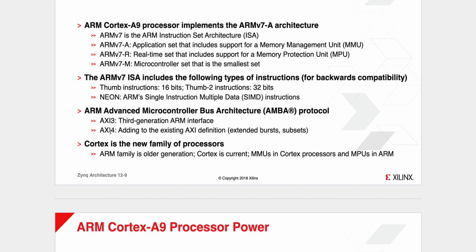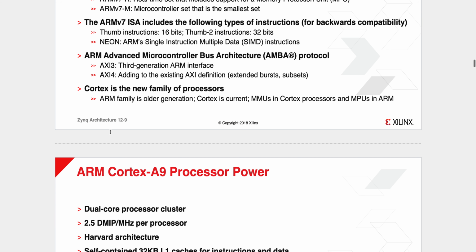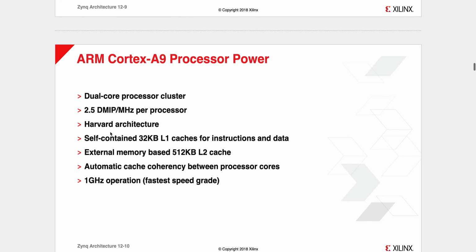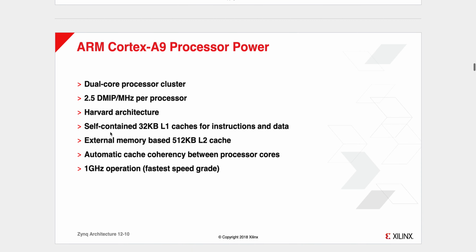The memory management unit is done by the ARMv7-A in the ARM Cortex-A9, and the MPUs are done by the ARMv7-R. So now we are going to the ARM Cortex-A9 processor power.